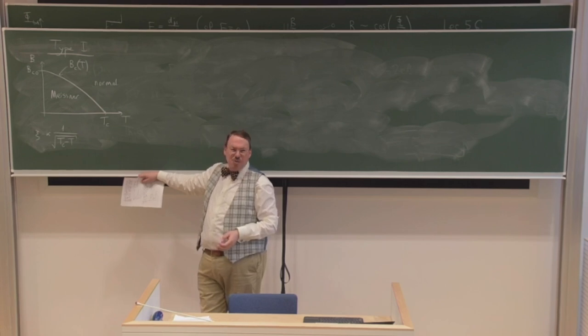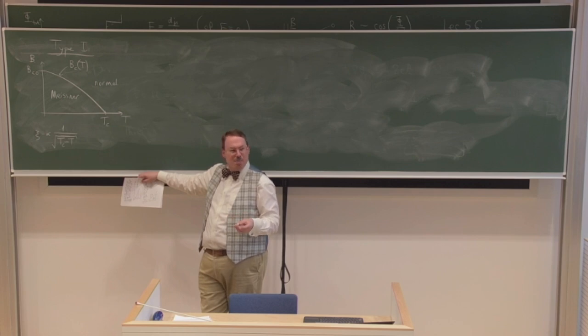So what does that do to our classification of type 1 and type 2? Whether it was worth introducing a vortex depended on the ratio between the London penetration depth and the coherence length. If the coherence length is changing with temperature, then you might think that the superconductor could be type 1 at low temperatures and type 2 at high temperatures.